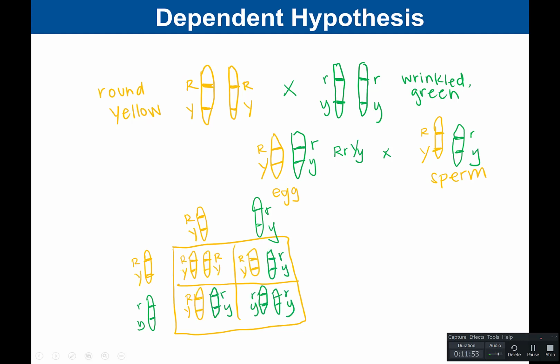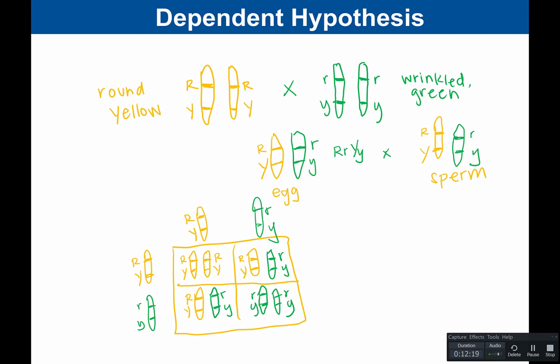These 2 parents could both give the yellow. That would be a round and yellow. This parent could give the yellow and this parent could give the green. That is still round and yellow. This parent could give the green and this parent the yellow, round and yellow. And the last one would be to get 2 of the green chromosomes.